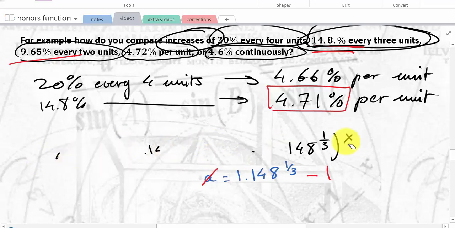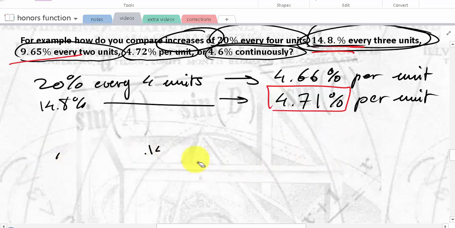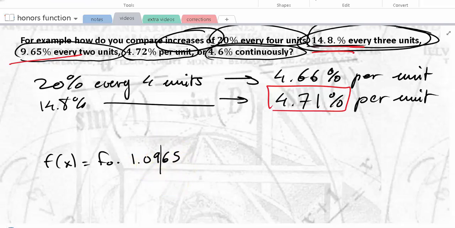So, okay, let's do it one more time, and I'm going to let you finish this problem, okay? So here, we would have f of x equals the original amount times 1.0965, here we go, this is 9.65%, but it's every 2 units, so x over 2.